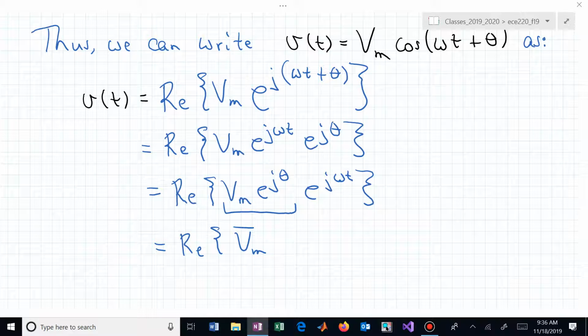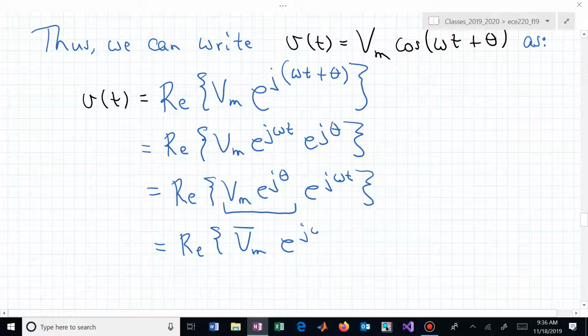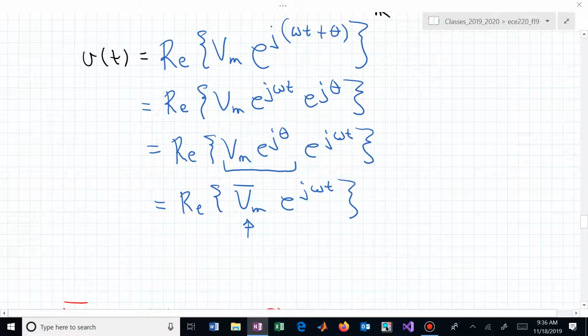I'll try to just indicate with an overbar that this v sub m overbar is really a shorthand way of writing v sub m e to the j theta, where this is now our complex phasor.